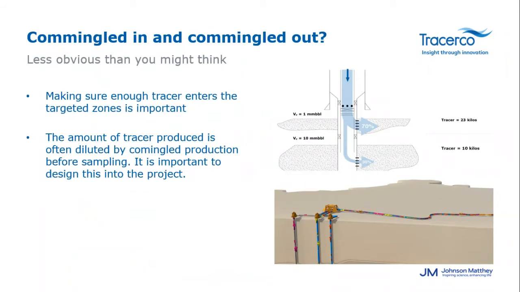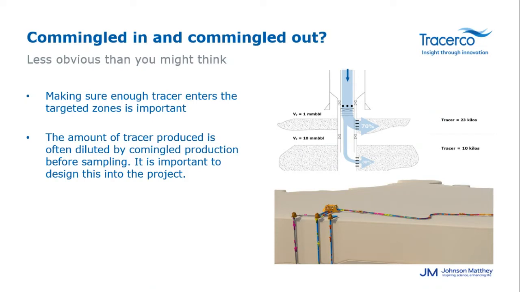Further dilution from commingled injection or commingled production can cause the tracer volumes to be multiplied. In some cases, this can be significant. Luckily, with tracer analysis limits down to parts per trillion, the impacts are not as drastic as in the past.